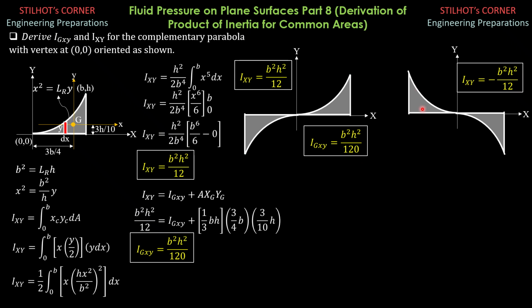So imagine these are the centroidal axes. Most areas lie in the second and in the fourth quadrant. Therefore, it is also expected to be negative. So IGXY is negative b squared h squared over 120.